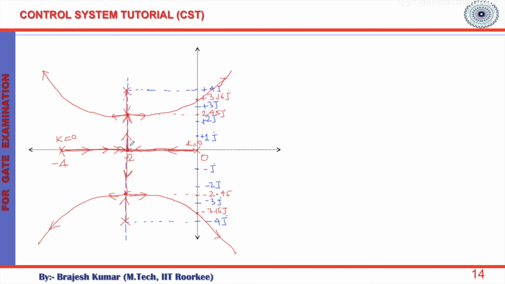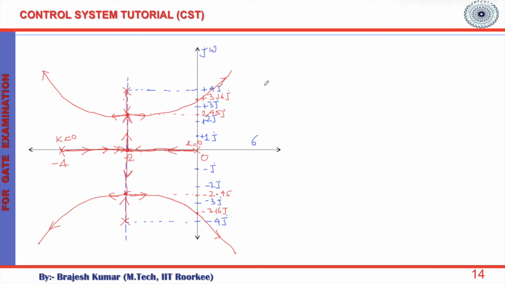One of the breakaway points is at -2, which is of course on the real axis, but these two breakaway points are basically complex breakaway points, which do not lie on the real axis. This is the real axis and this is the j omega axis.